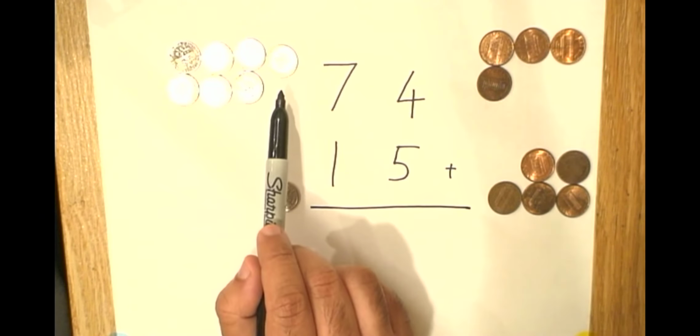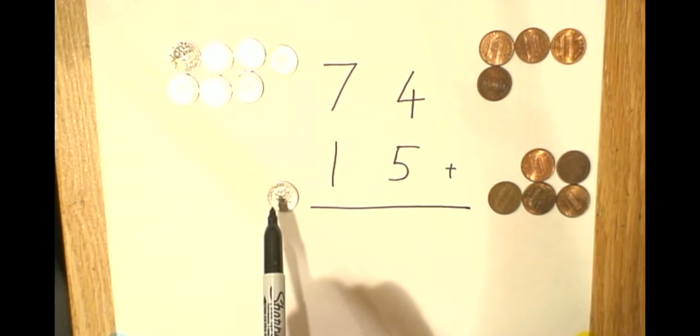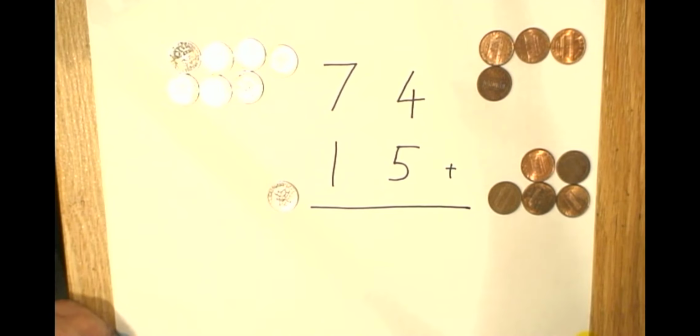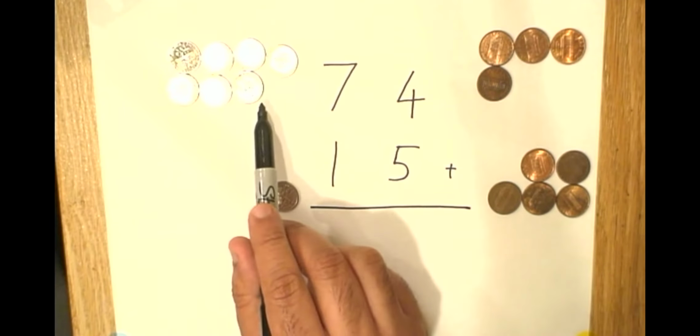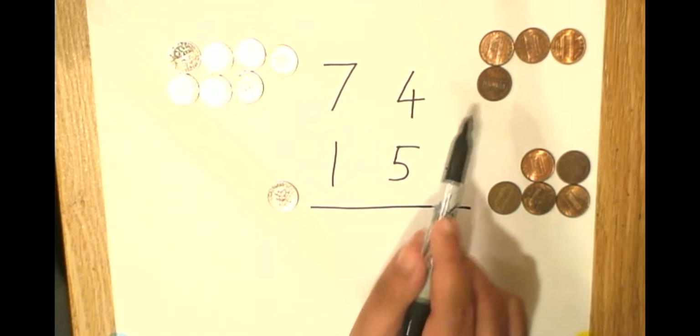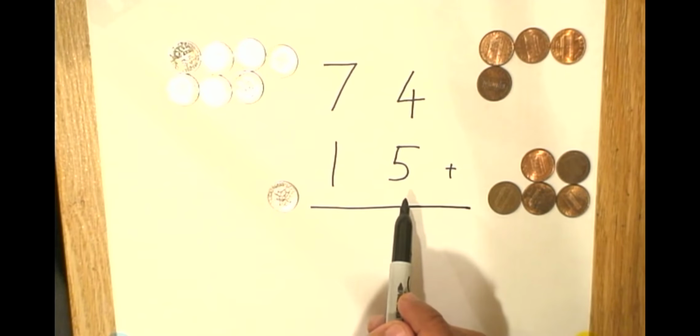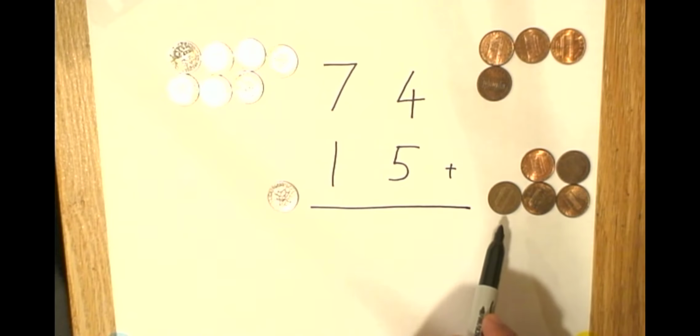A dime is worth 10 cents, so we can represent the digits in the tens place with that number of dimes. So 74 would be represented by 7 dimes and 4 pennies, and 15 would be represented by 1 dime and 5 pennies.